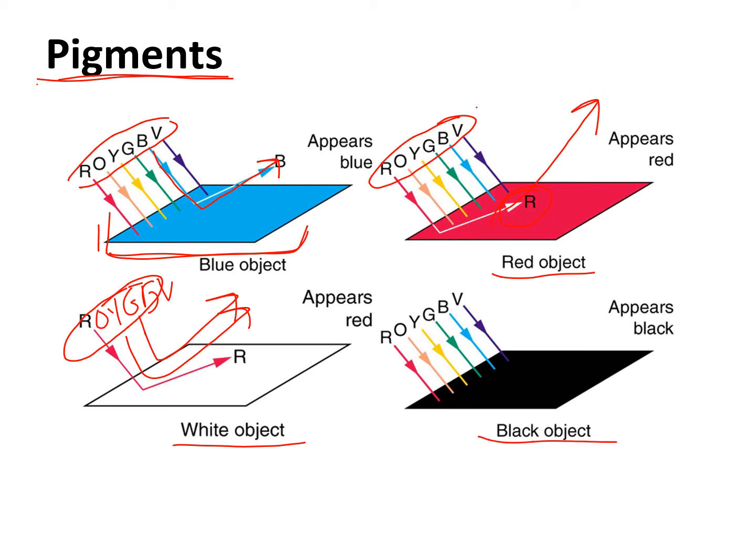If something is black, that means it absorbs all the colors of the rainbow, so it absorbs all of them, so nothing is reflected back to our eyes. So black is basically the absence of color. So those are how pigments work. They deal with absorbing and reflecting different wavelengths of visible light.